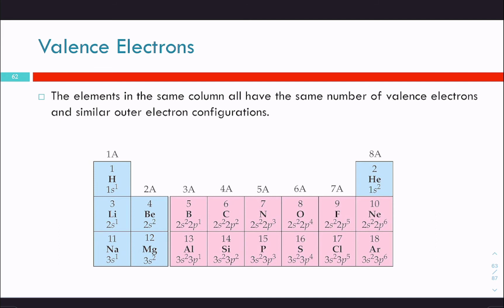So if I ask you, how many valence electrons does fluorine have? Well, what column is it in? 7A. It has 7 valence electrons. If I ask you how many valence electrons aluminum has, what column is it in? 3A. So it has 3 valence electrons.